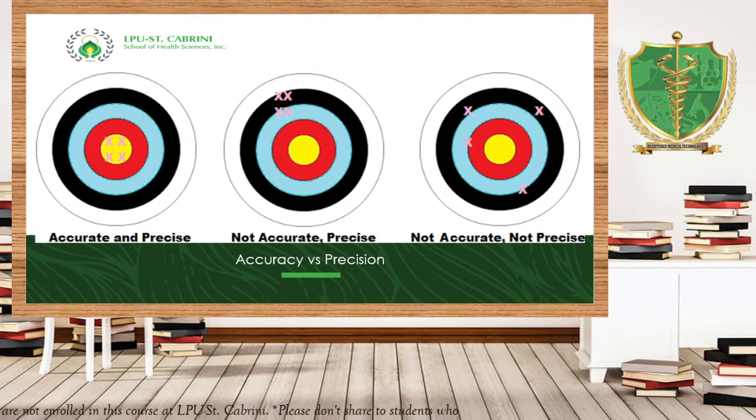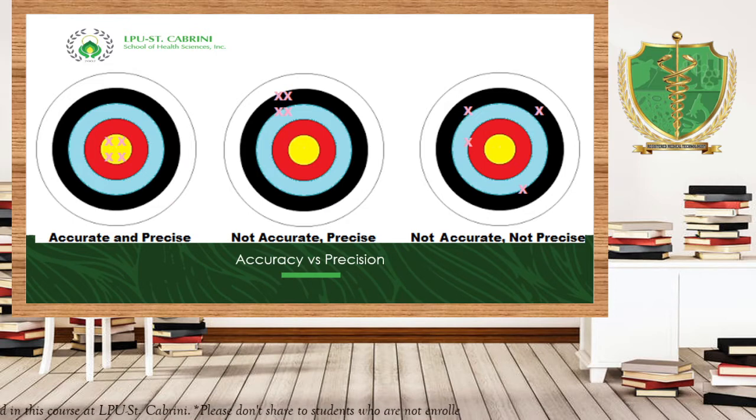And in order for us to really understand the concept of accuracy and precision, we have here three graphical representations. The first illustration shows a measurement that is accurate and precise. Accurate because all the test results are within the target value or within the true value.